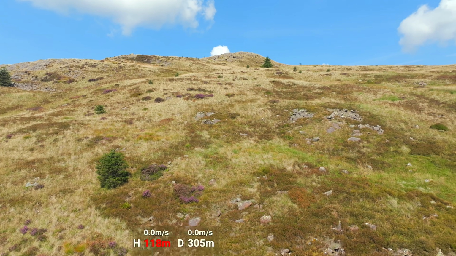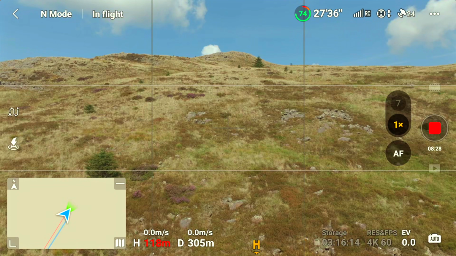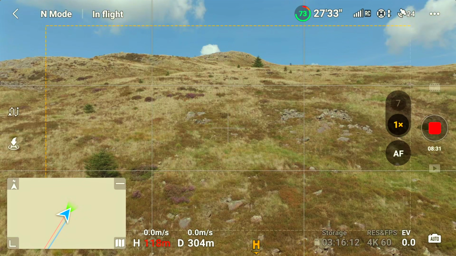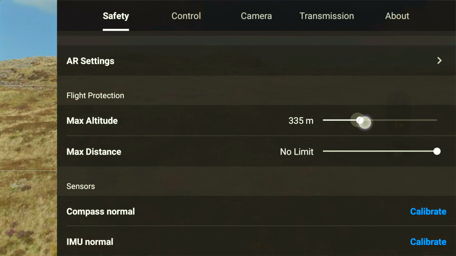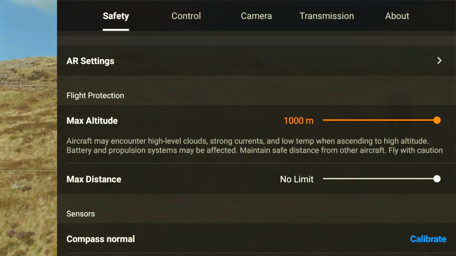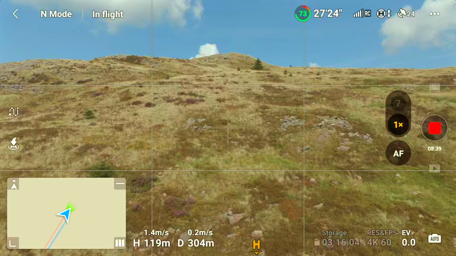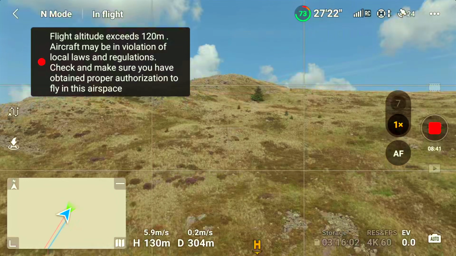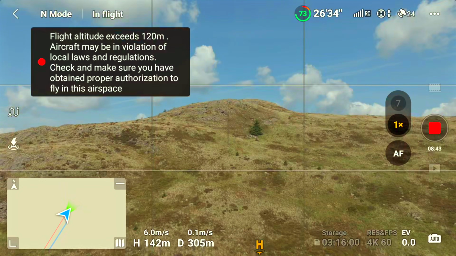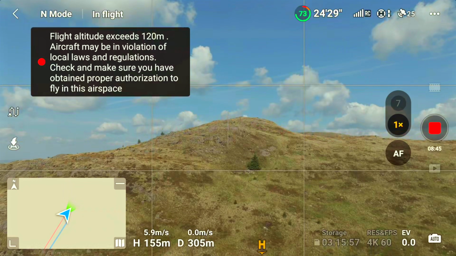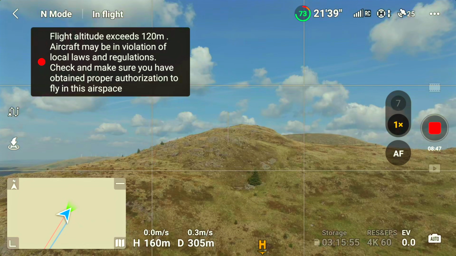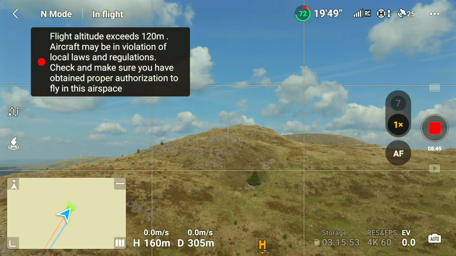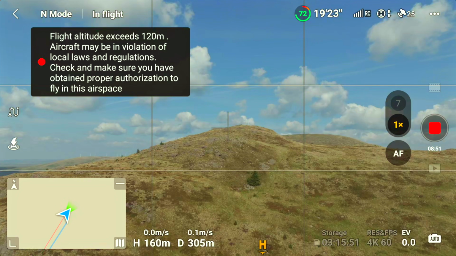Now, for those of you with legacy drones, if you're lucky enough to have one, all you have to do is change that slider. And now my maximum altitude is 1000 metres, so I can quite happily continue up. Now, although I've got a warning up here that says my flight altitude exceeds 120 metres, it's not 120 metres. The ground isn't 120 metres below the drone.